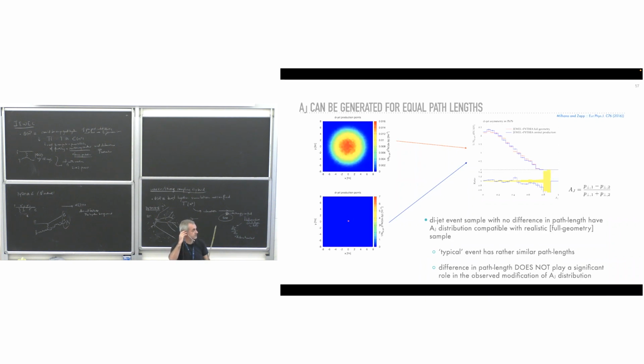There's another effect. Really, in this observable, the path length difference between the two. I'm not saying that path length is not important. I see path length being very important in this observable if I go from peripheral to central collisions: I have more suppression, less suppression, or more shift, less shift. But the difference between the two is really not what is driving this. I've proven it.